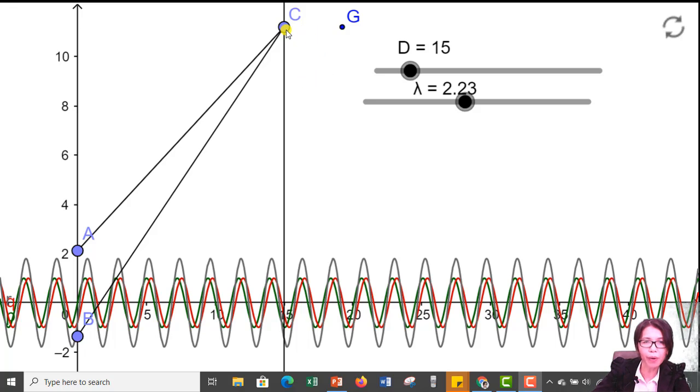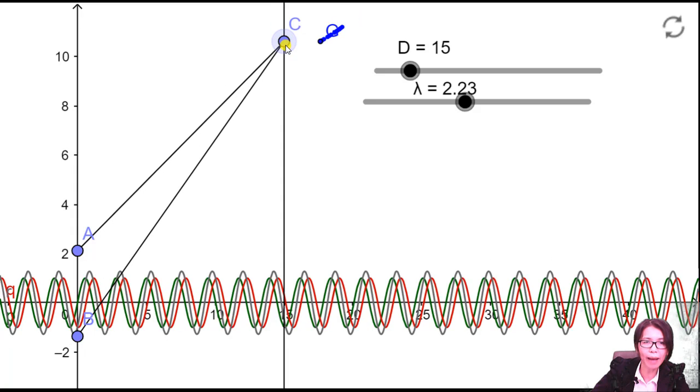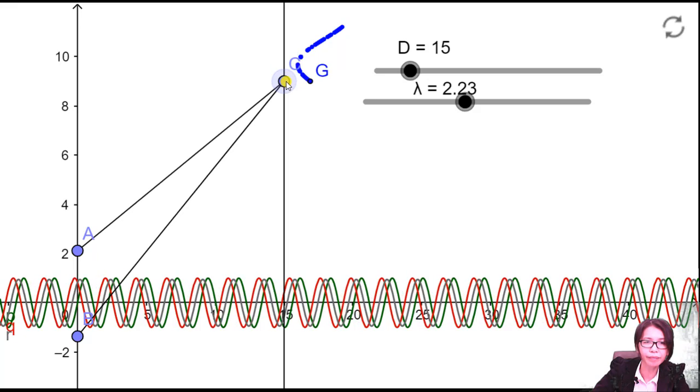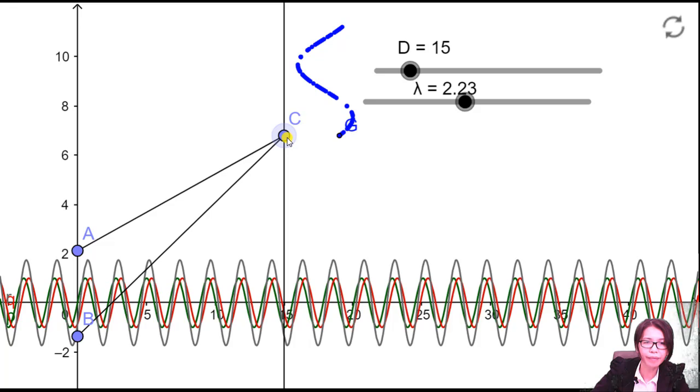For example, at point C, the two light waves will meet in phase and they are going to have a constructive interference. As I change the position where they meet, observe what happens.